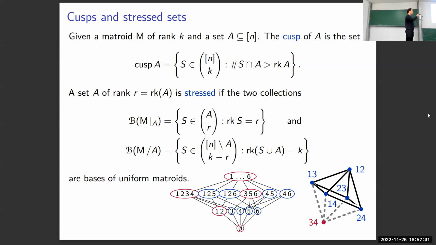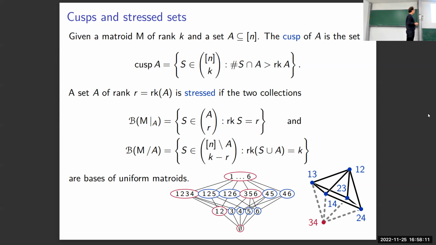And also the upper part, from here to there, looks like a uniform matroid. So this would be the stressed set. So 3, 5, 6 is stressed, but for example 1, 2, 3, 4 is not, because if I look below, then there is something dependent here. And the other way around, 1, 2 is also not a stressed set, because if I look above, this piece there doesn't have the correct uniform structure. Okay, so these are the two terms we need.